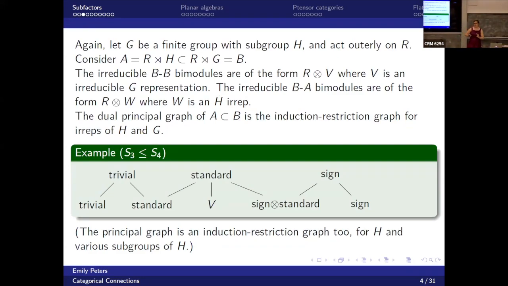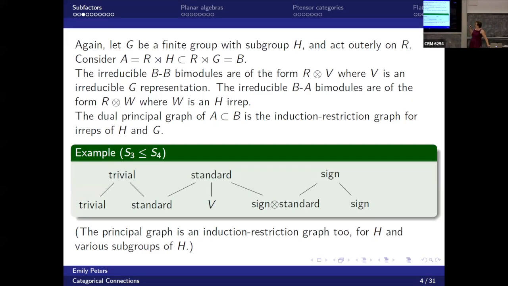And I don't yet have a non-integer example, but I have another integer example here. Okay, so we're going to go back to this example of the hyperfinite 2-1 factor with a finite group that acts on it. What if we take S3 as a subgroup of S4?